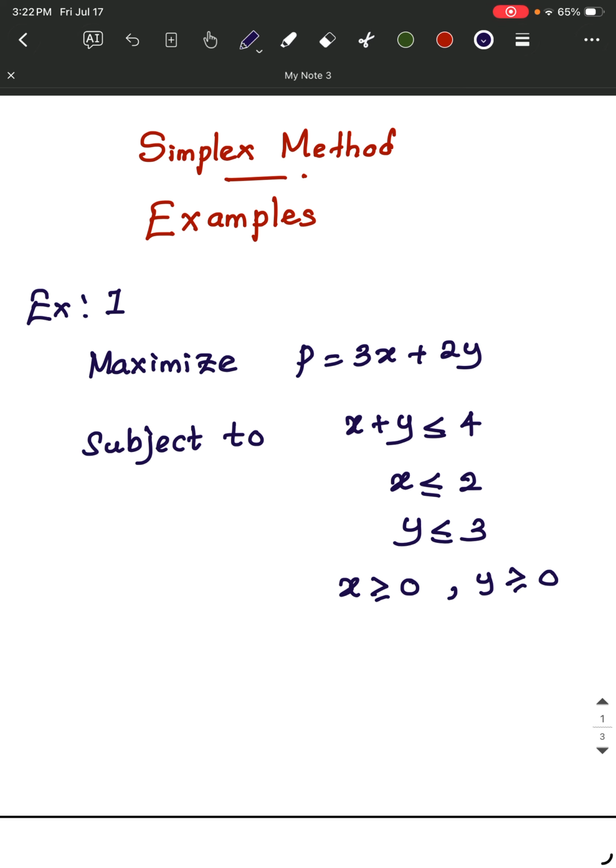So the objective function is being maximized here. All constraints use less than or equal to a constant value, and both variables are non-negative.